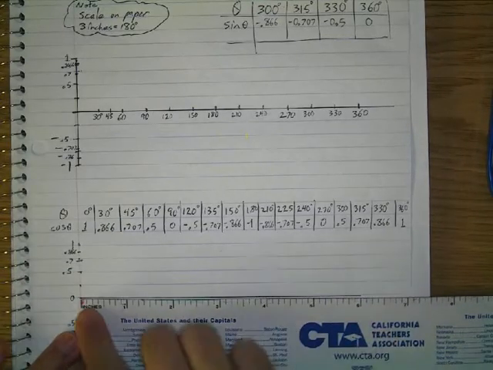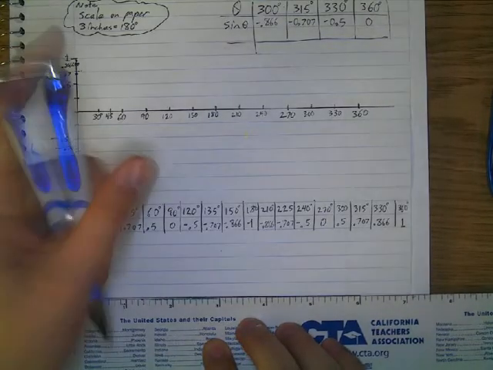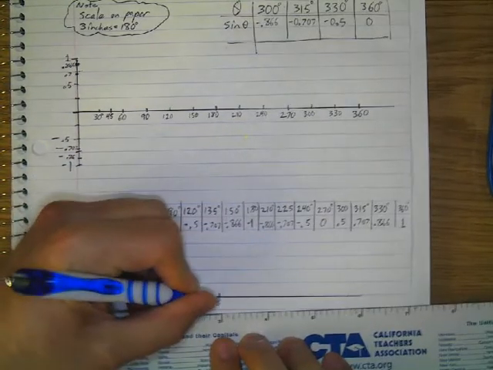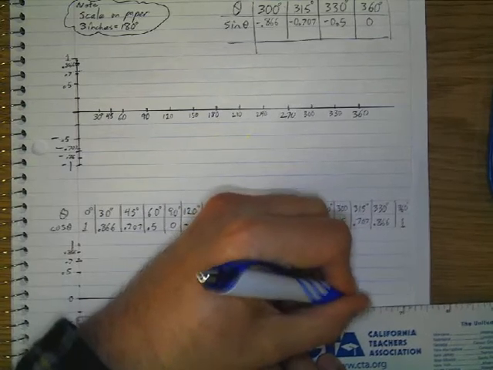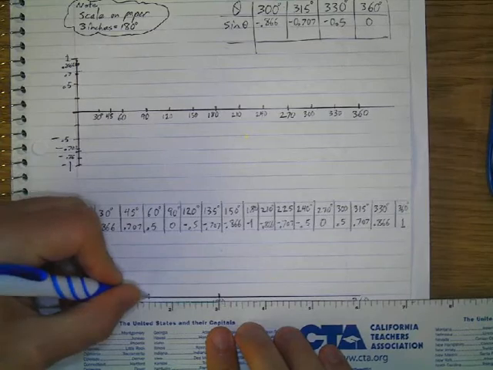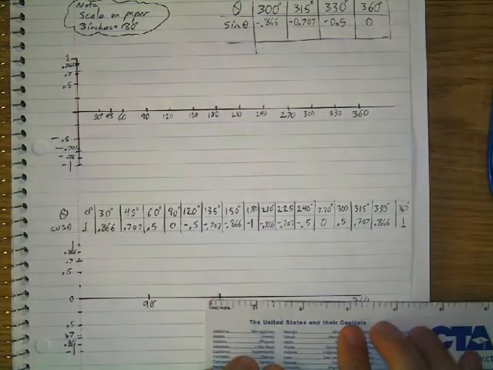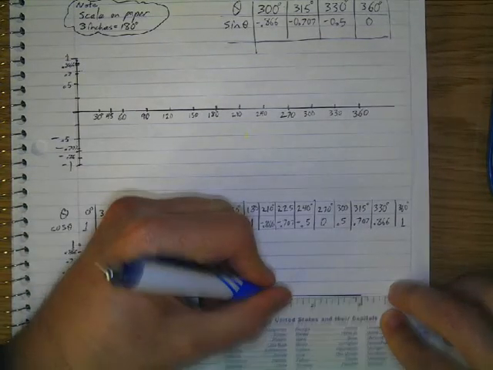I used a ruler and marked 6 inches. If I cut that in half at 3, then I'm at 180. At 6 inches, I'm at 360. If I cut 180 in half, that puts me at 1.5 inches, and that's 90 degrees. If I go 4.5 inches, then I'm at 270.